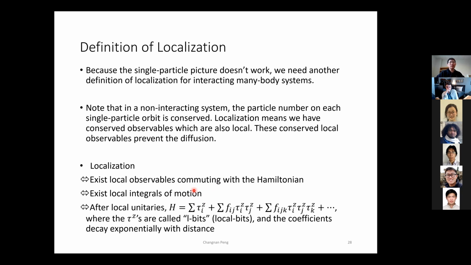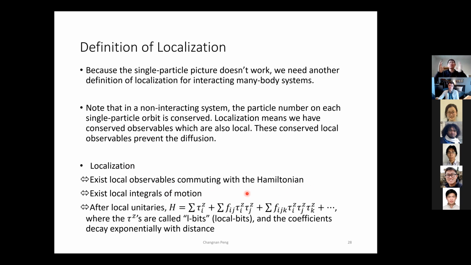Here, the definition of localization changes into having some local observables commuting with the Hamiltonian. So we have local integrals of motion, or local conservation laws, that prevent the system from diffusing or changing these local values into some other local values.